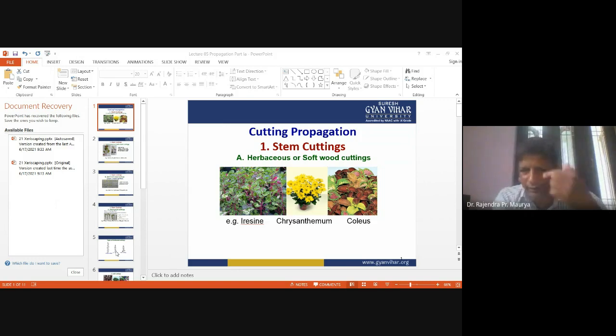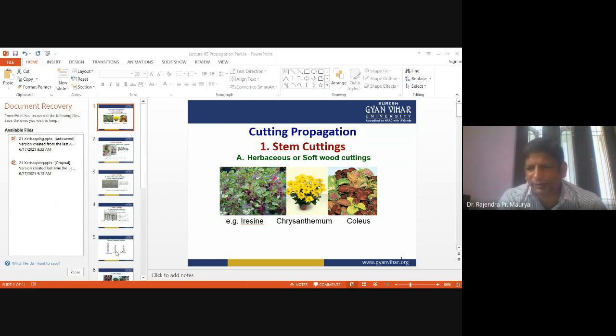Okay, so we discussed hardwood cuttings, but hardwood cuttings are also of three types: straight cuttings, heel cuttings, or mallet cuttings. In straight cuttings, if we are removing the lower or bottom part and it contains 4 to 6 nodes, that is the straight cutting.